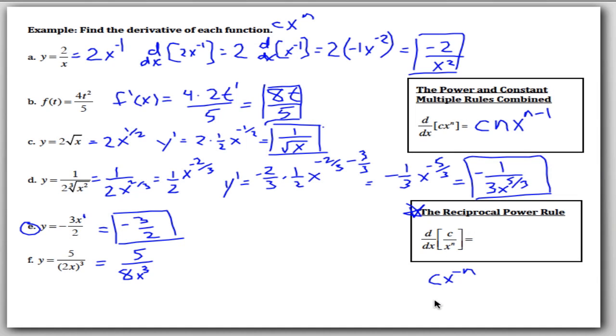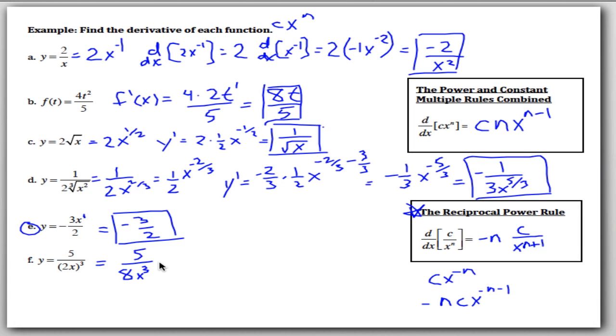And then if we did this, we would get -n cx to the -n minus 1. Then this would go ahead and flip all back under. So really what we're having here is we can go -n times c to the x to the, well, if we take a negative and we subtract 1, that's like taking n and adding 1 in the denominator. So it's a nifty little trick.